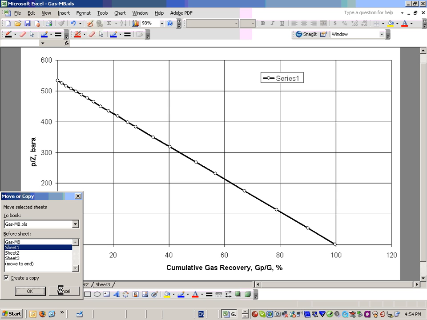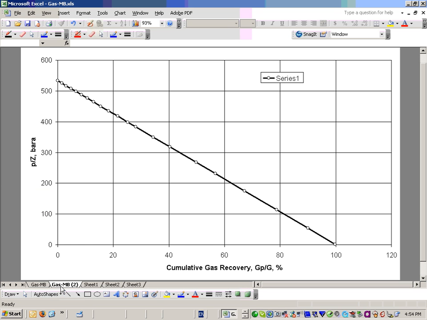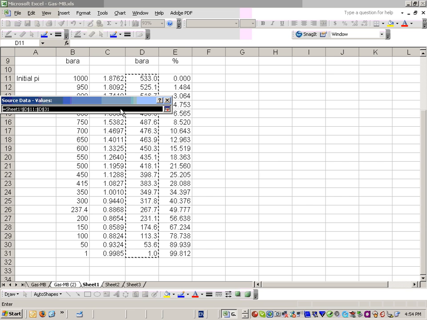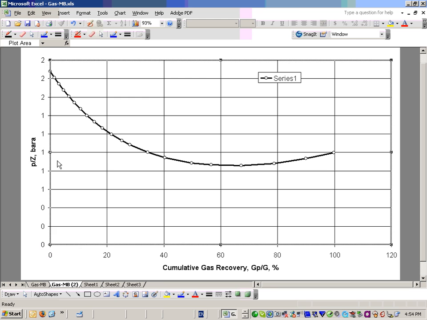And in that plot you'll see that because of the Z factor effect you get a lot less recovery after having depleted the reservoir to half its pressure. We'll go in and just plot here instead of the P over Z, we'll plot simply the pressure. We'll rename it, basically just pressure.